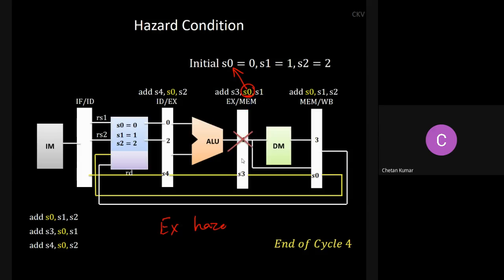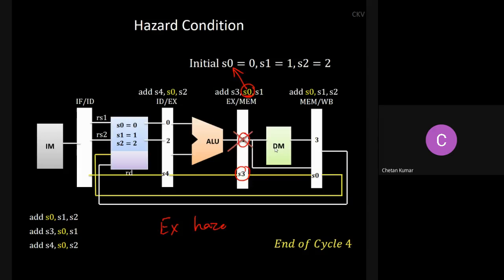Similarly, if I go for one more clock cycle, this is anyway wrong. So here, what is the expected value? What should be written into the S3 register? According to the program, what is the correct expected value of S3? It should be 4. But here 1 is being passed for writing, which is incorrect.